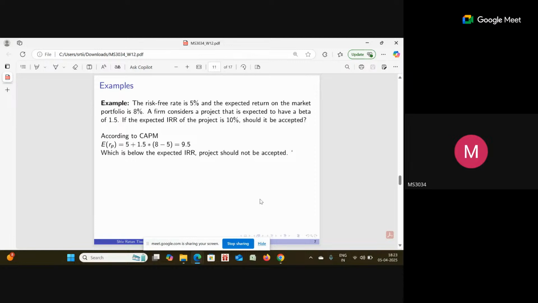According to CAPM, this project is going to earn only 9.5%, but your expectation is 10%, so it is not going to earn 10%. So this project should not be accepted in that case.